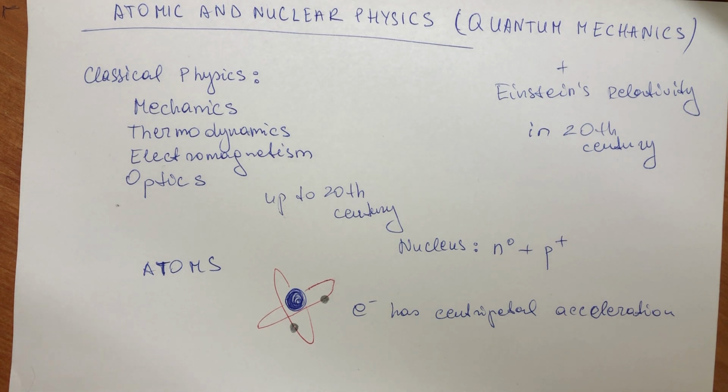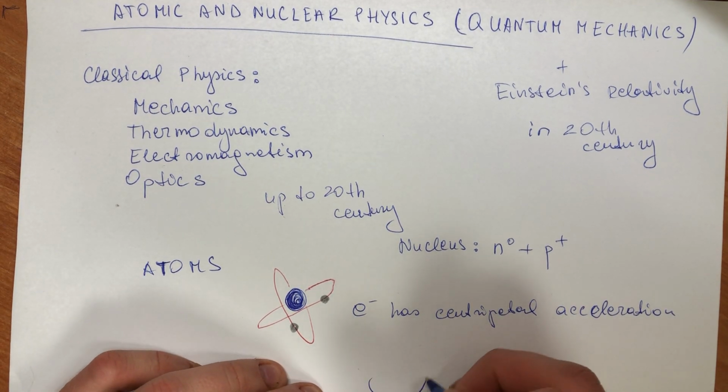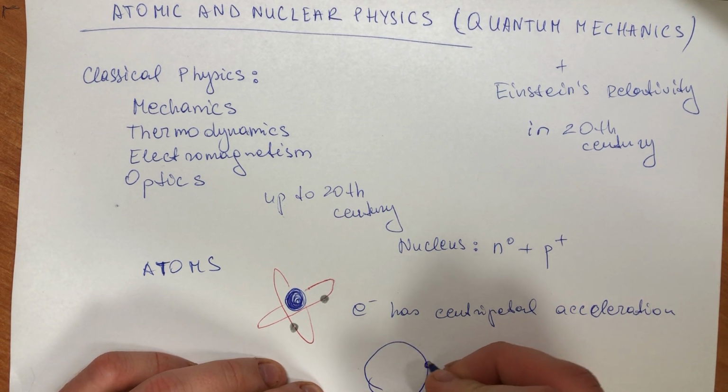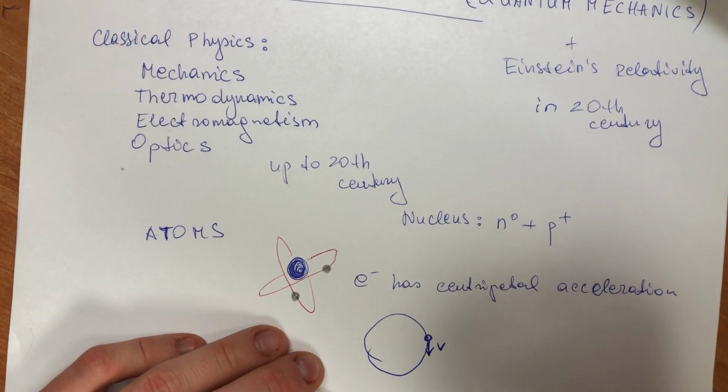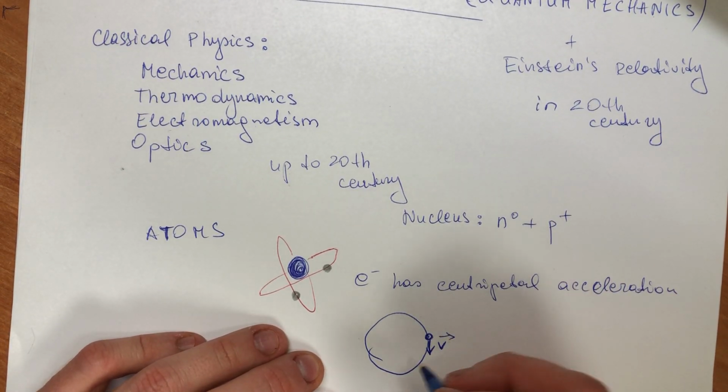And when an object moves in a circle, it has centripetal acceleration. It means that we have an object moving with velocity v.